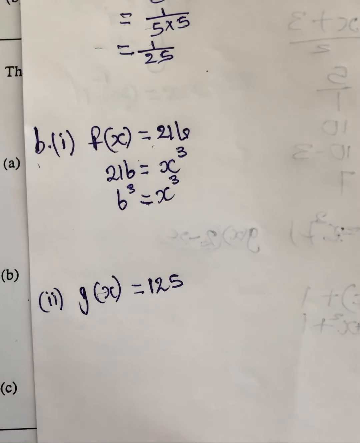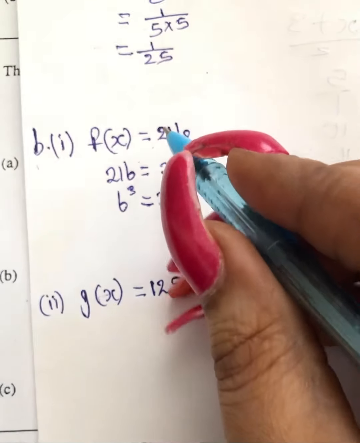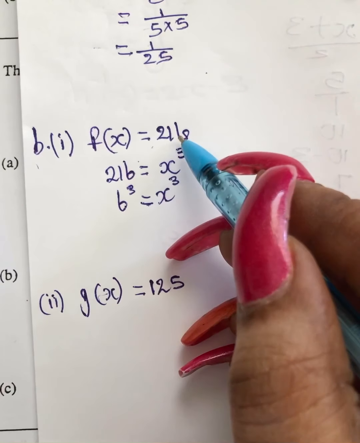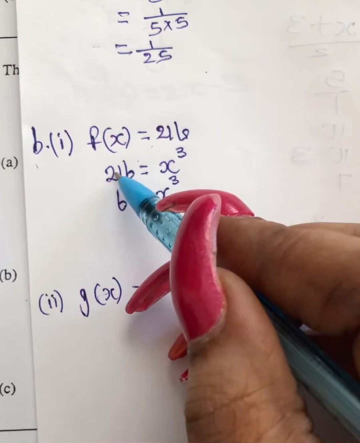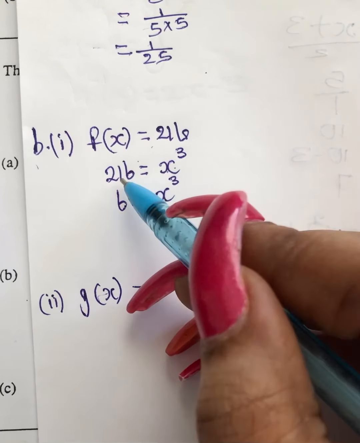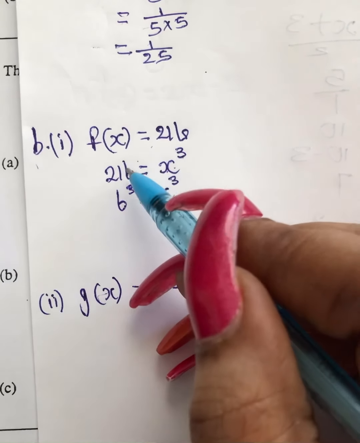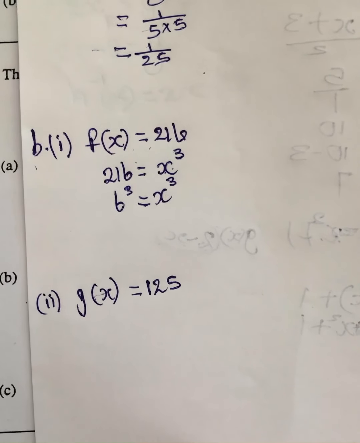There is another method we can also use. There are other methods, but they're longer and more complicated. Your first step is f of x is equal to 216. We determine what f of x is, and we make that equal to 216. To find a value for x, because x is raised to the 3rd power, I need to raise something over here to the 3rd power as well to make them equal.